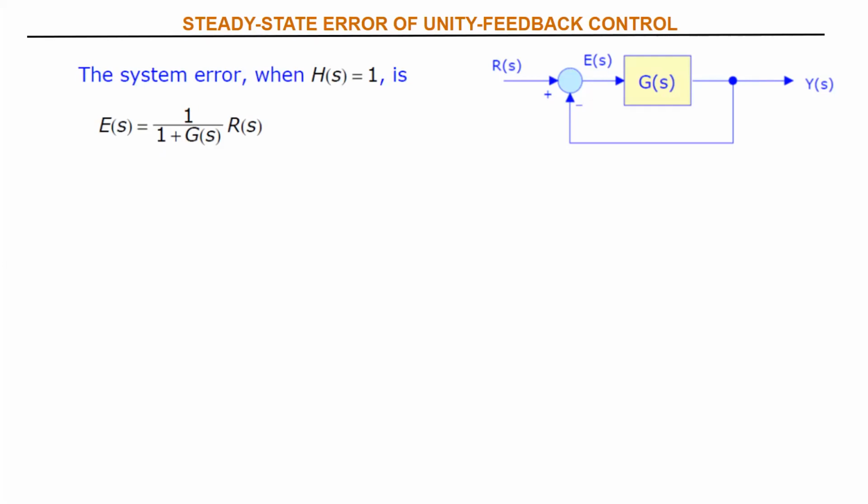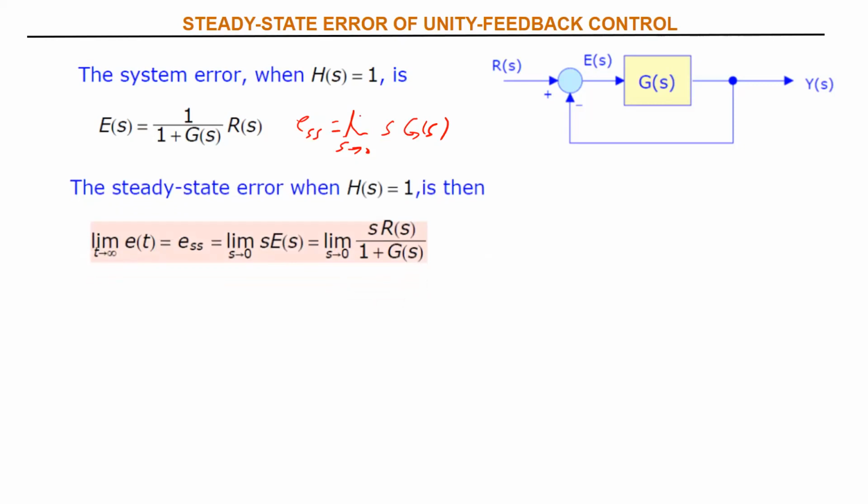Now, let us take the steady state: E steady state equals the limit as s goes to 0 of s times G of s. Wait, why G of s?